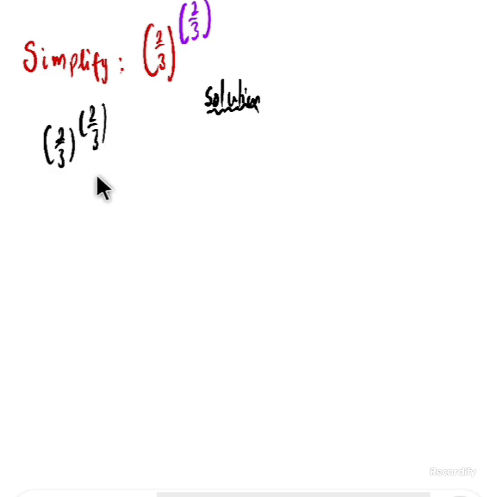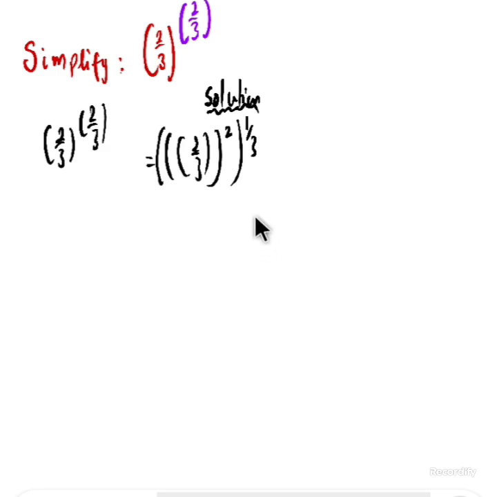Now I can rewrite this as 2 over 3 to the second power, then to the 1/3 power, because 2 times 1 over 3 will give you 2 over 3 back.